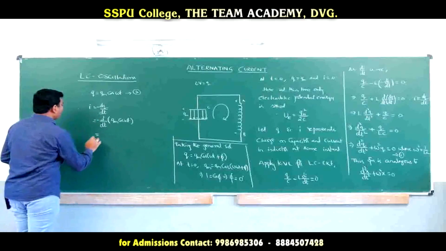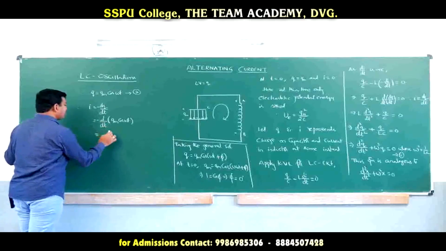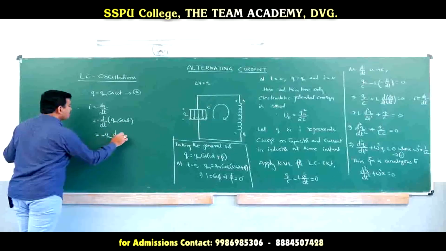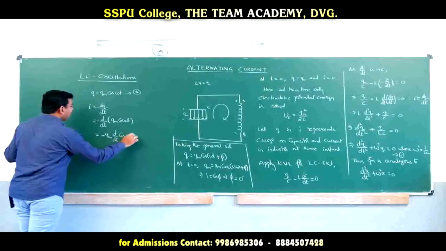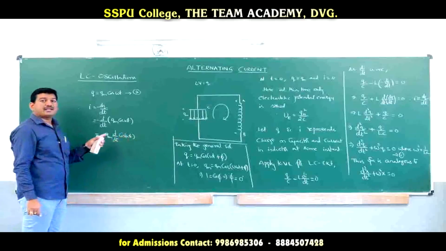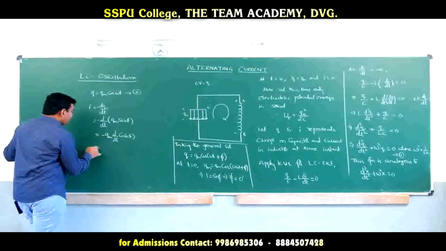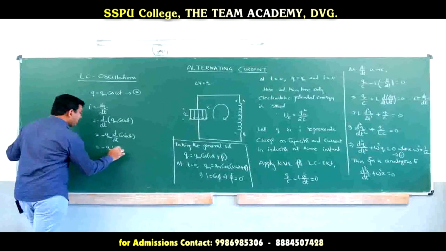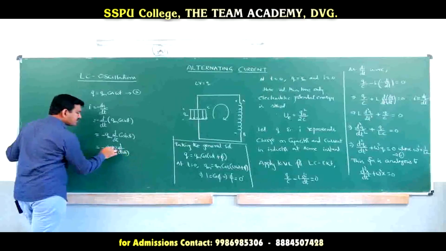So, what can I say here? Minus of d by dt of qm, qm is constant, write it outside, d by dt of cos omega t. D by dt of cos omega t is what? Differentiation of cos is minus sine. Here you can write it more clearly, qm into omega, and then this is d by d omega t. So, this omega and this omega will cancel.